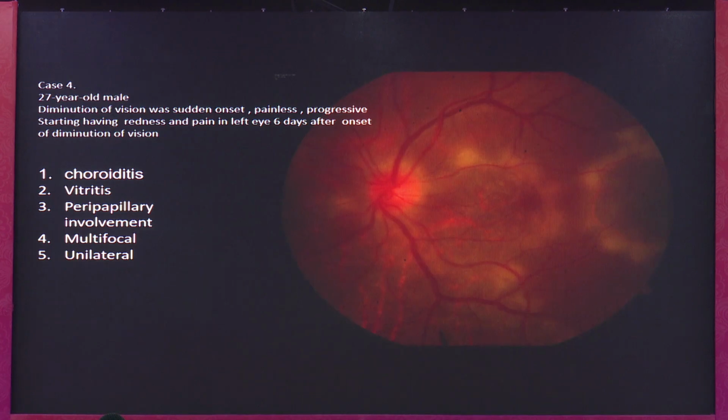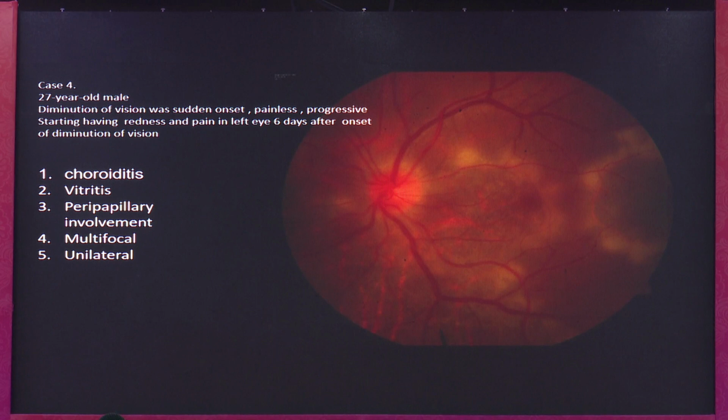Then we come to something which we call serpiginous-like choroiditis. Now, if you look at these lesions here, there is healing in the center, and the edge which is active, which is yellow, there is multifocality. You see one focus here, and it's a unilateral disease.